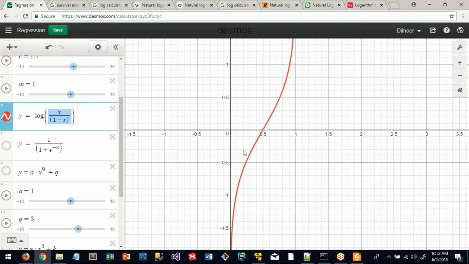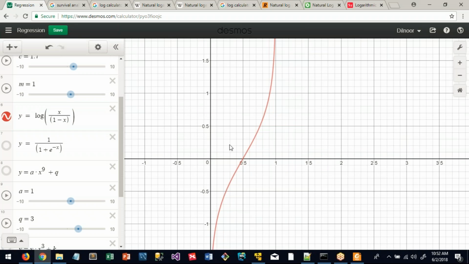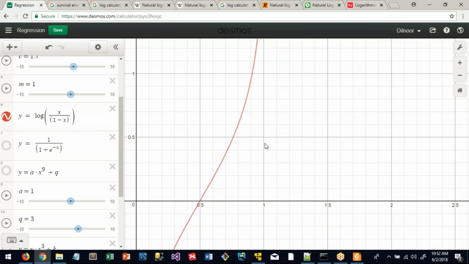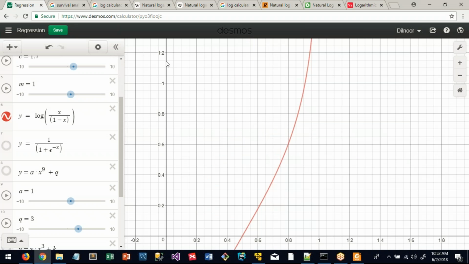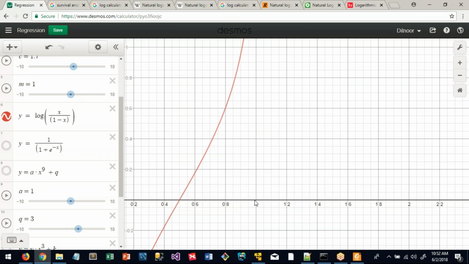And in those situations, the value of y, the outcome variable's value, will never reach 1. There will be no value of the outcome variable when x is strictly equal to 1. It cannot have that value at all.